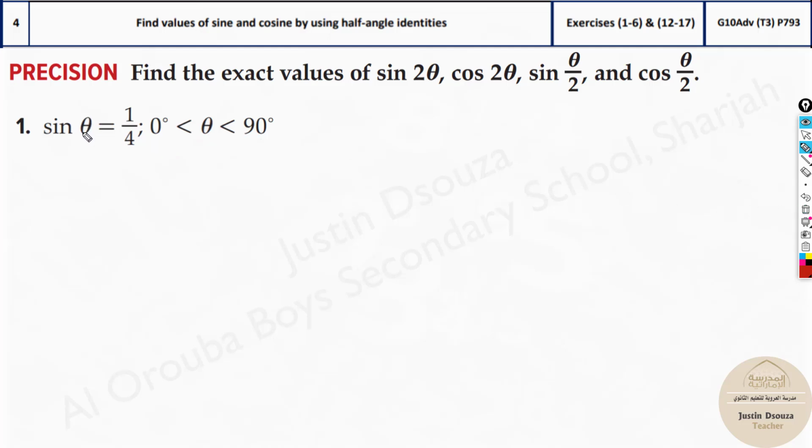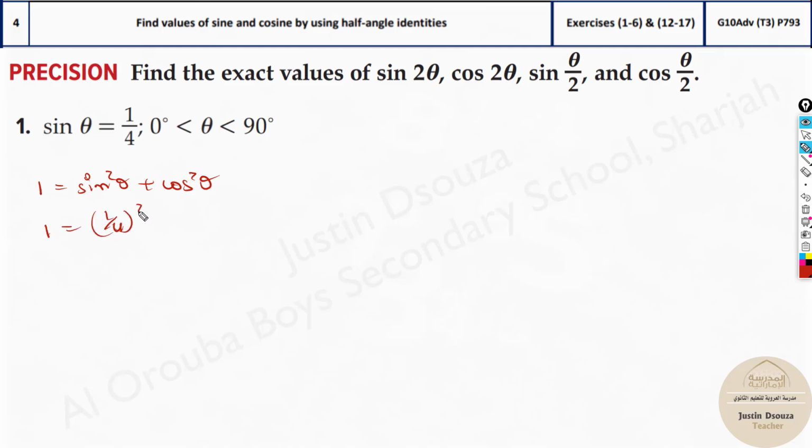How we solve is we require cosine. If over here cos theta was directly given, then you don't need to solve. You can directly use the half angle identity formulas and solve it. But here first, step 1 would be using the Pythagoras theorem, that is 1 equals sine square theta plus cos square theta, and then solve it. Substitute what we know.